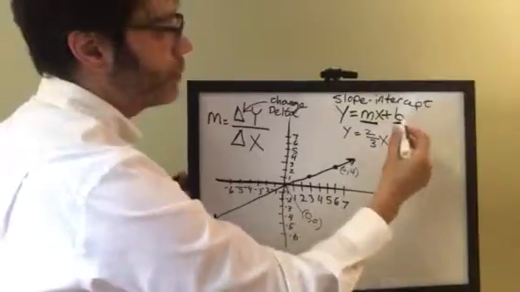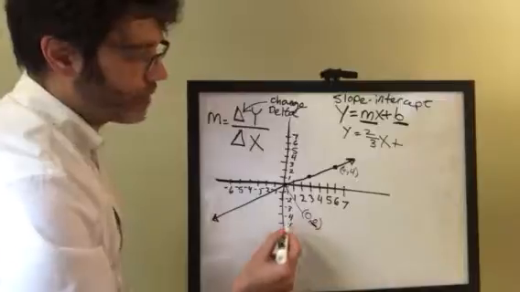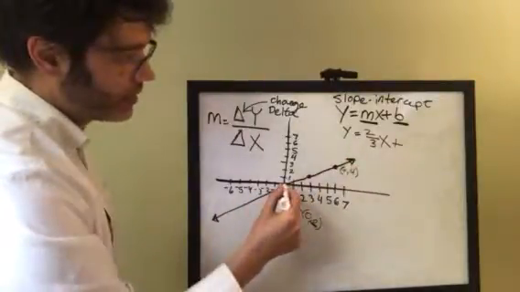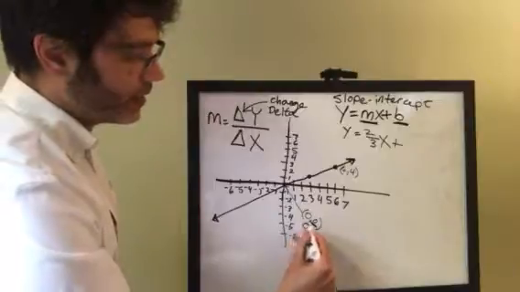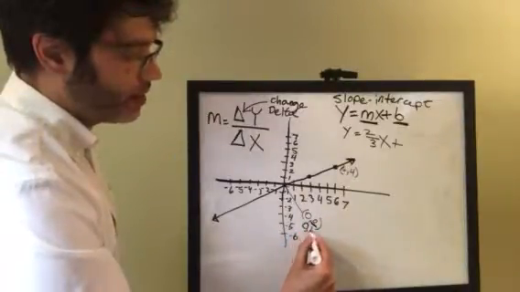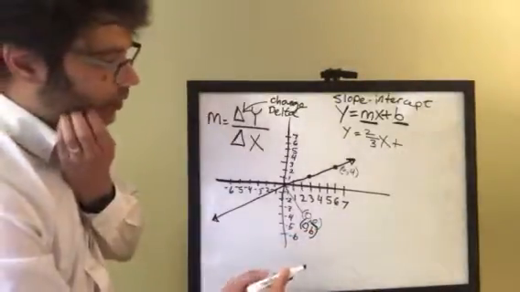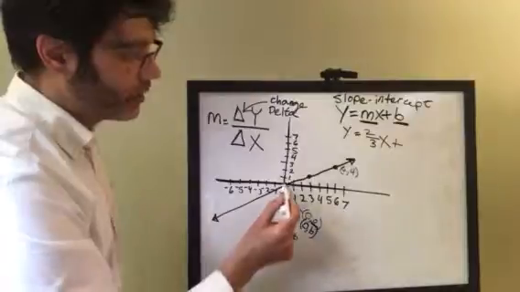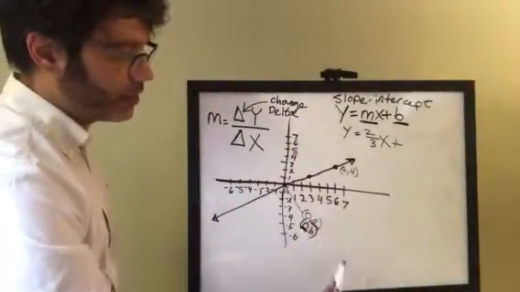Now, we need to figure out what the b is. The b is always the y value of the y-intercept. This line crosses the y-axis at the origin, so our b is going to be 0. The y-intercept is 0, comma b, because it's always going to be on the y-axis, so the first value is always going to be 0.